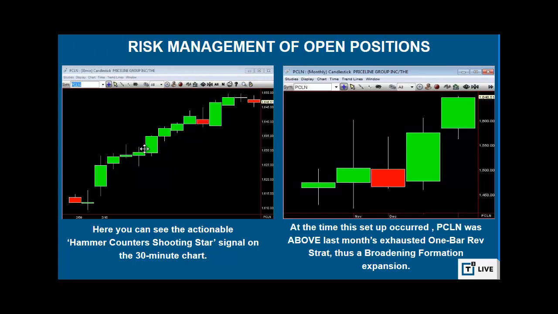So if you got in there and got long right here, good for you, right? At the time this setup occurred, Priceline was above last month's exhausted 1-bar rev strat here. But as an outside bar, since it's a 1-bar, we want to notice that and say that this is a fractal triangle. And so long as it's above that, this triangle is expanding. That's good, right?